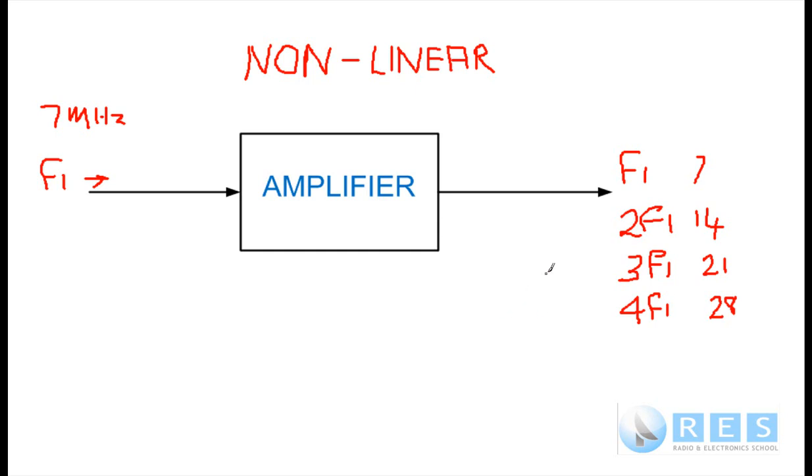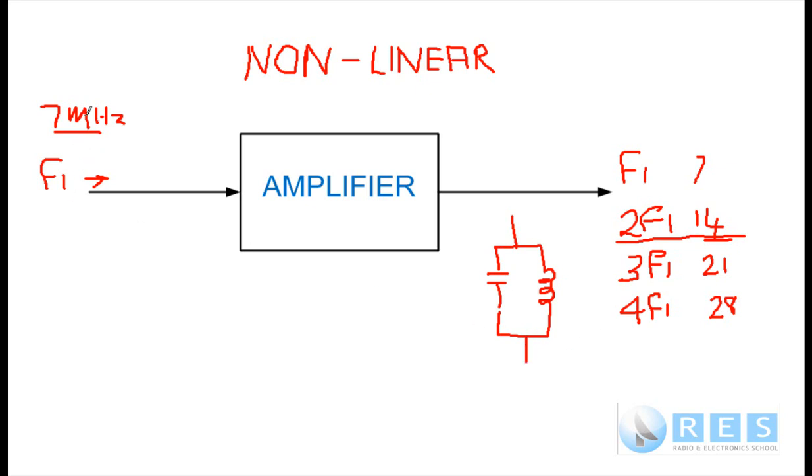Is that useful? Well, yes, it is. If we wanted to convert this signal from 7 megahertz to 14 megahertz, suppose we were to put a tuned circuit at the output of this amplifier, and that tuned circuit was resonant on 14 megahertz.